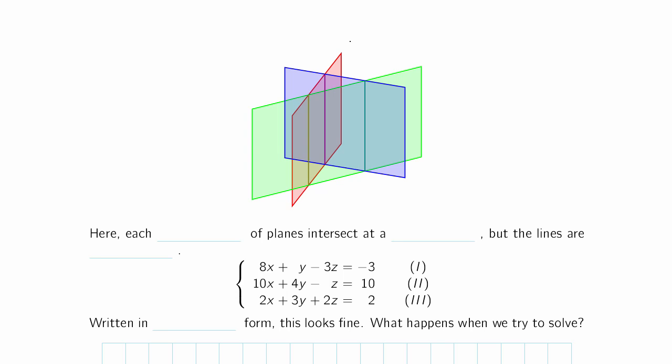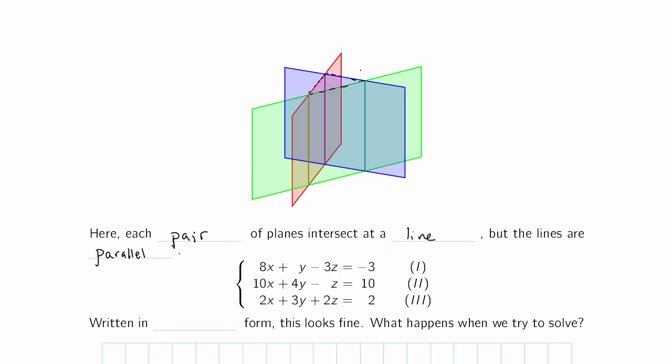There's a third possibility that's a little bit harder to spot. And it's even a little bit harder to see what's happening here. We have three planes, and every pair of planes intersect. The intersection of every pair of planes forms a line. But then the lines themselves are parallel. So the three planes form this little triangle here.